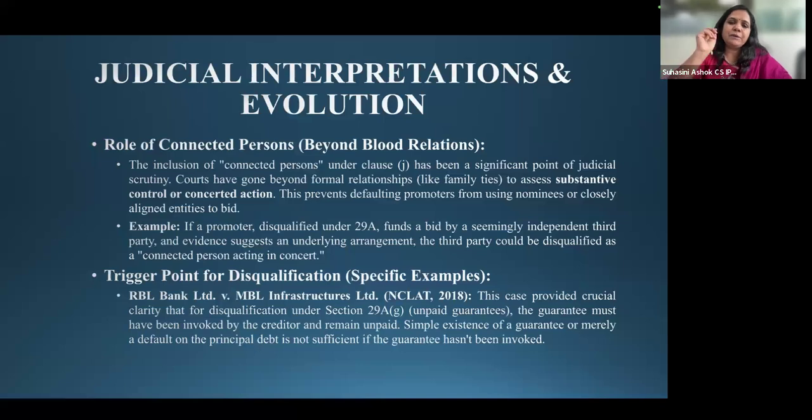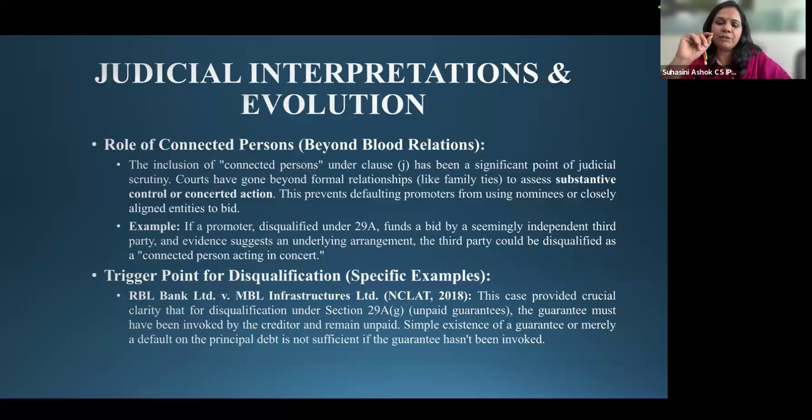Suppose a person is submitting an expression of interest and has given a guarantee to, say, State Bank of India, and he is submitting a resolution plan or participating in the auction during liquidation. If SBI has not invoked the guarantee against him, or even if it was invoked, it is paid, he is eligible.